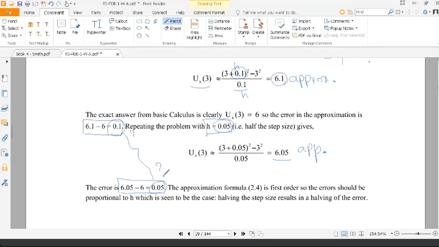It means when we choose the smaller h, we obtain a better approximate solution. A smaller h gives a better approximate solution. Okay.